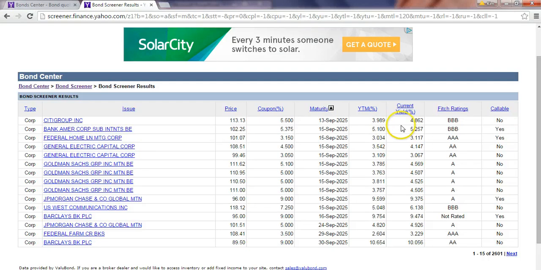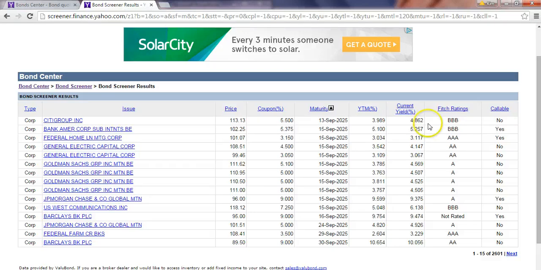And the current yield, this calculation is just the coupon payment, $55, divided by the current price. So the actual yield today, this is what this bond is paying: $55 divided by the current price.